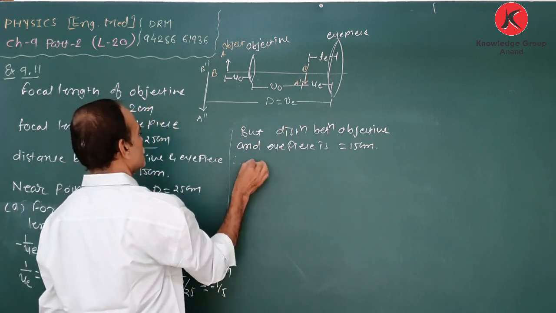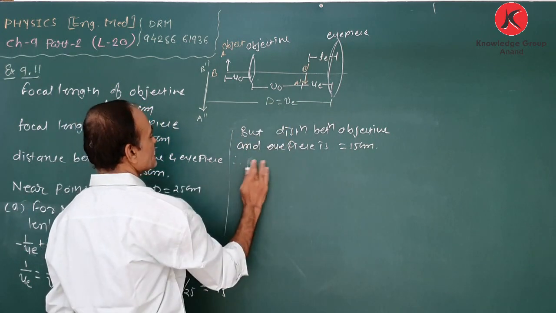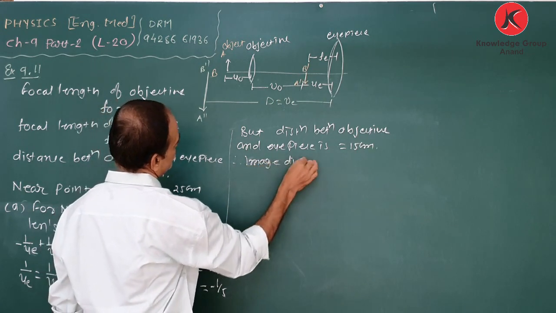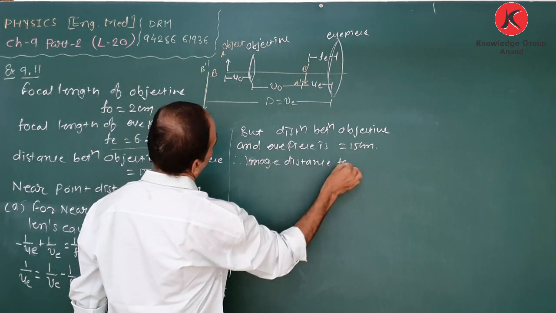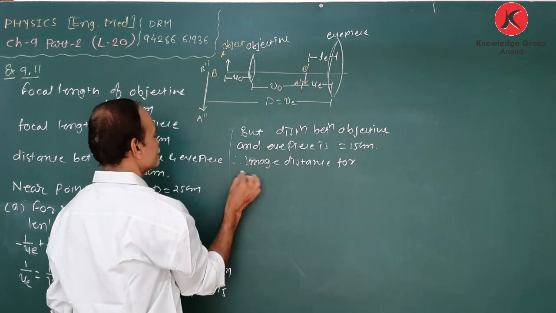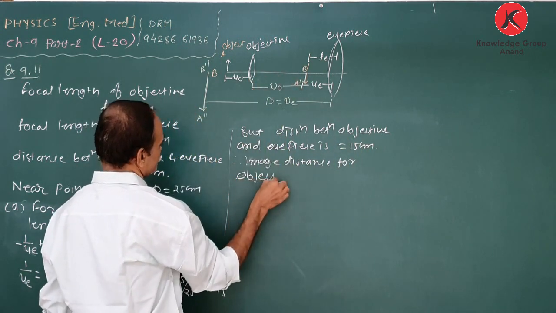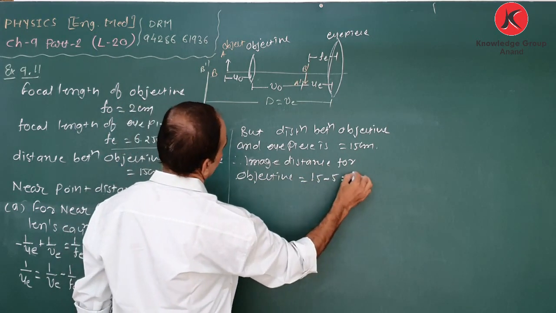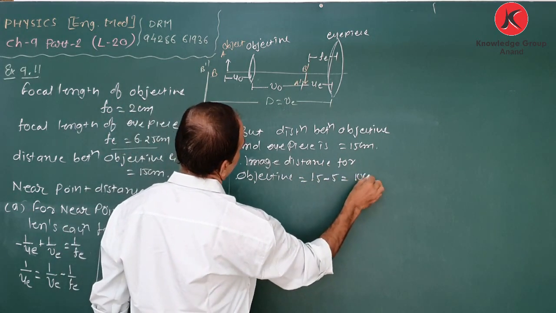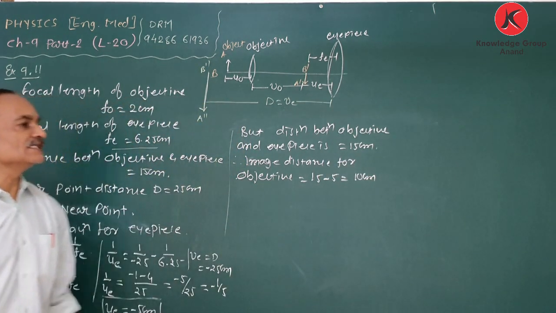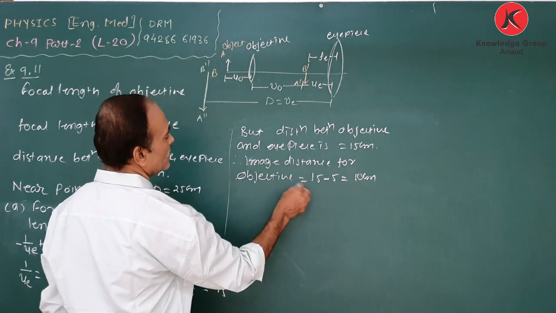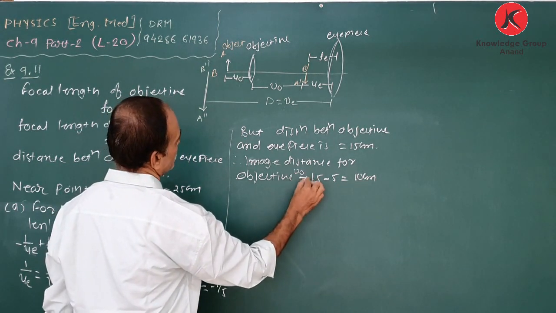Therefore the image distance for the objective is equal to 15 minus 5, that means 10 centimeter. Here the 10 centimeter is falling. That is our VO.